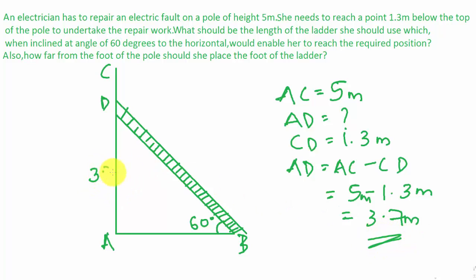That is over here, 3.7. Is this a 7? That is a 7, man. 3.7 and 1.3, so it totally adds up to 5 meters. I know my drawing's bad, but just excuse me.